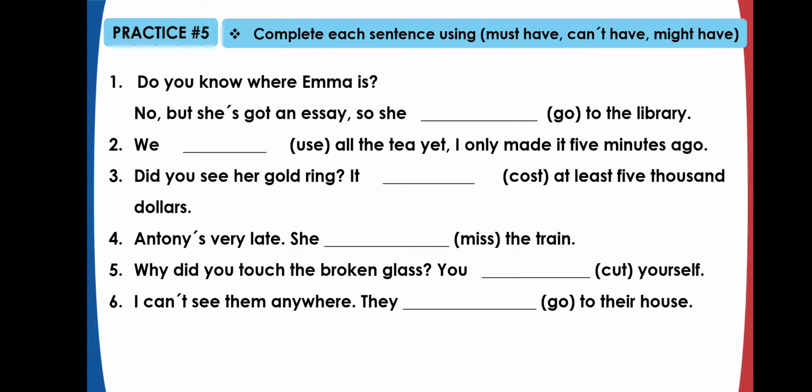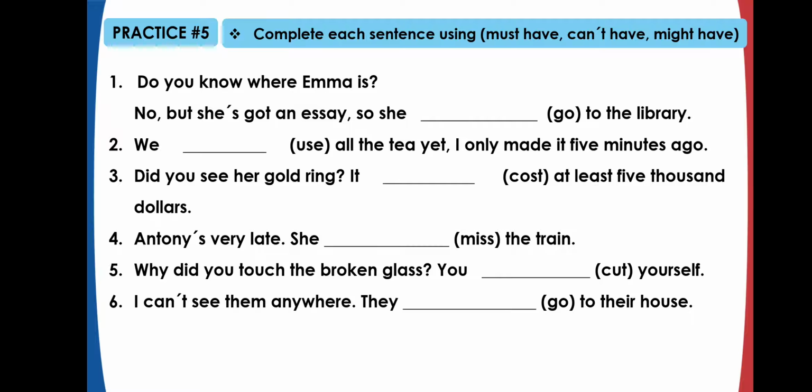can't have, or might have. In this case, guys, remember that we are talking about the modals of deduction, okay? And something important to remember is when we use must is because we are really sure that something is true, okay? That something is true in a 100%, okay?